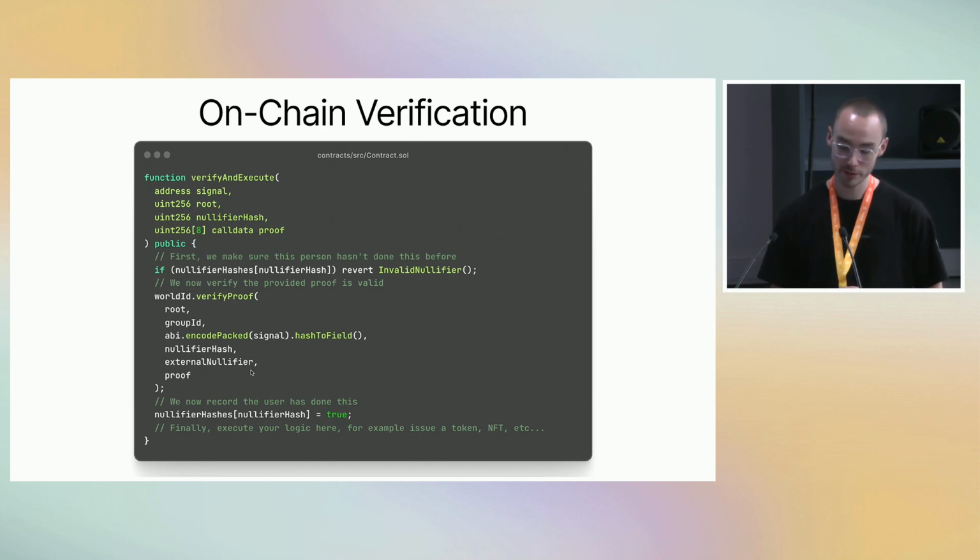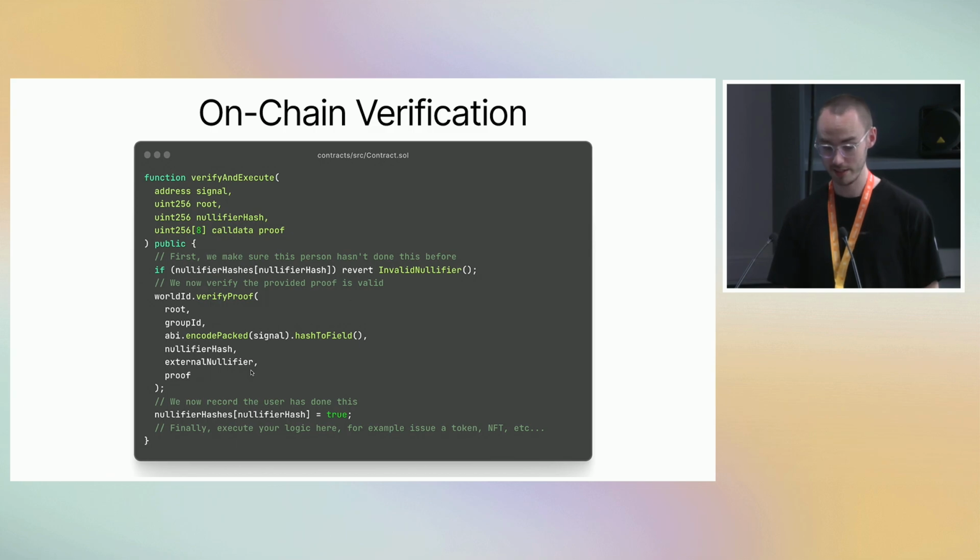Once we've checked that the user hasn't done this action before, we call the verify proof function on that World ID router. We pass in the root, the group ID, which on-chain currently is always 1 for the orb verified group. Device verification can't be verified on-chain at this time.